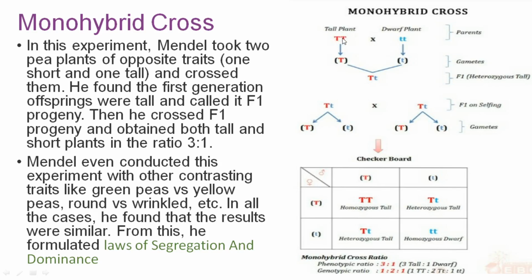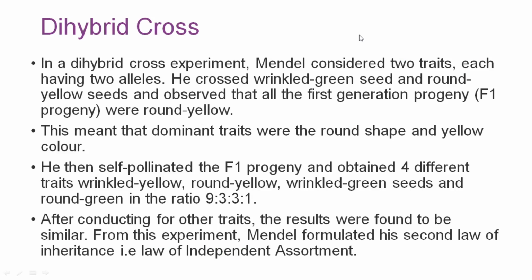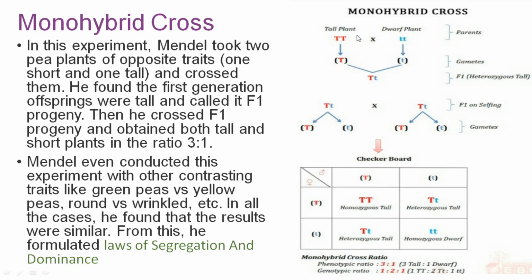Capital letters are the dominant condition. The small letters are in the recessive condition, which means the dominant genes suppress them. This is the tall plant and this is the dwarf plant. These are the parent generations.